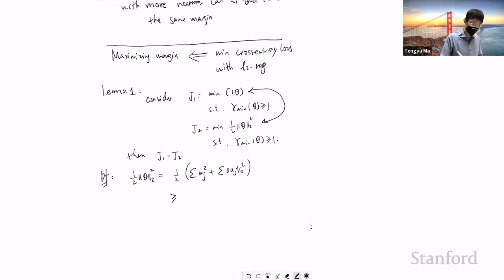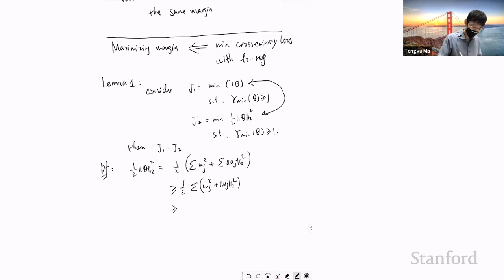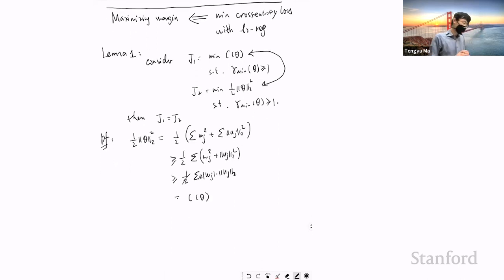You can show that this is larger than the complex measure we have defined, using the AM-GM inequality. Or, for me, everything is Cauchy-Schwarz. So you get wj times the 2-norm of uj times 2, and you cancel the 2. So this is b theta, right? So in the program J2, you are minimizing a larger complexity measure.